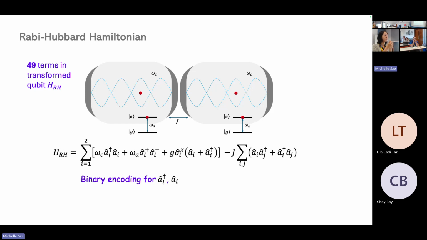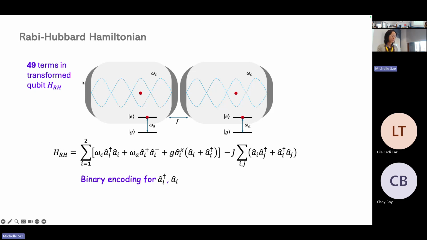So each cavity can have 3 qubits, and you have 2 cavities, so in general you will have 6 qubits in your system register. But in this implementation, we also did some qubit tapering technique to cut down the number of qubits, so eventually we're able to cut it to 5 qubits for the system.